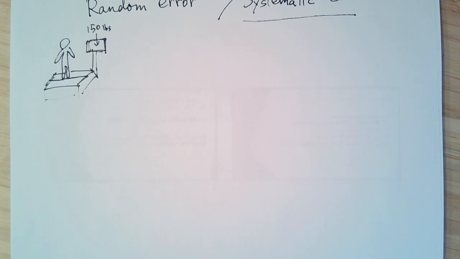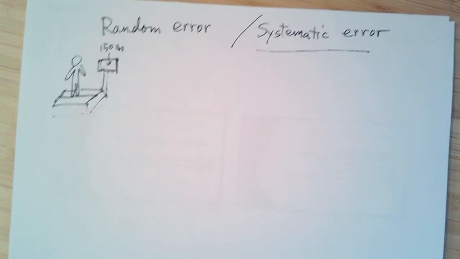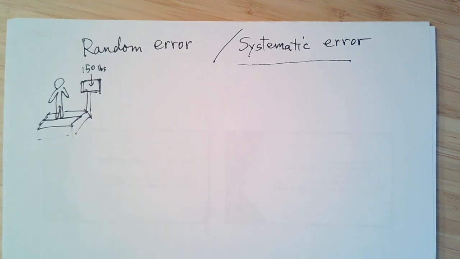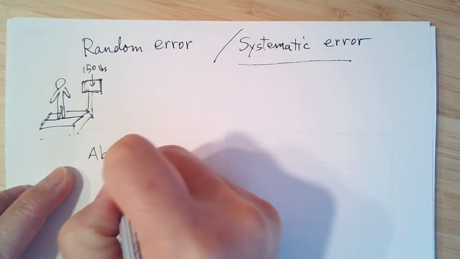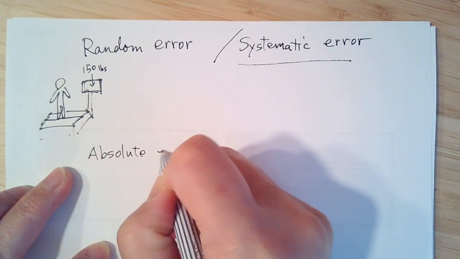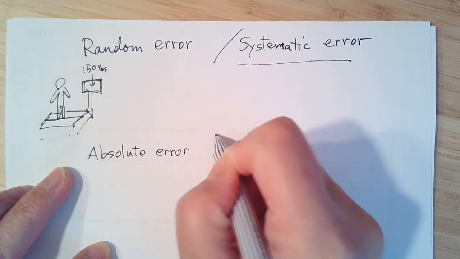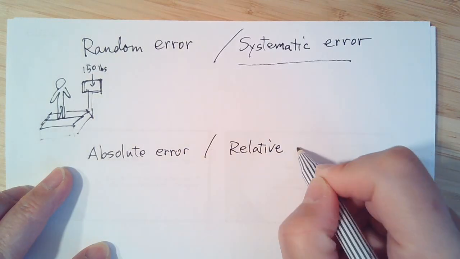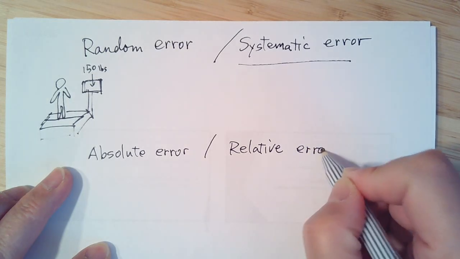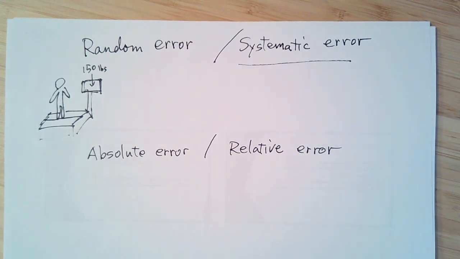And there's another thing. There's another two kinds of error. We call that absolute error and relative error. Okay, absolute and relative. Sounds very familiar, right?